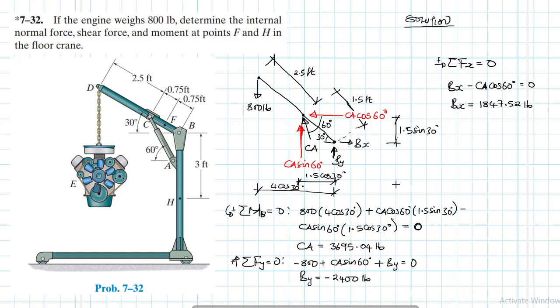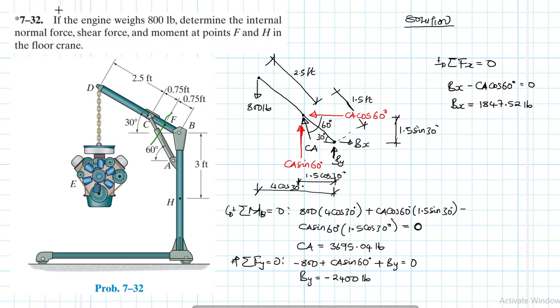So what we need to do now is to draw another section. We need to cut this particular member at F here, and then once we've done so, replace all the forces that we need.